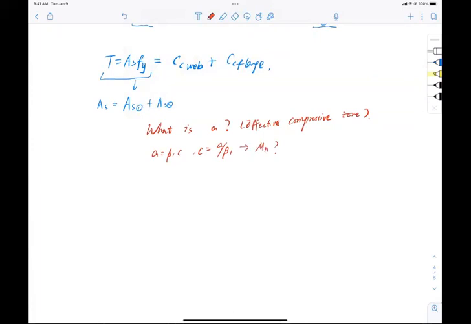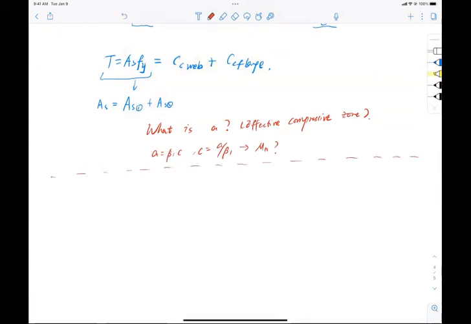But for a T section, apparently the old scheme of using tension equal to compression and dividing by the whole Whitney stress block thing does not work anymore. So in this case, I want us to start fresh.